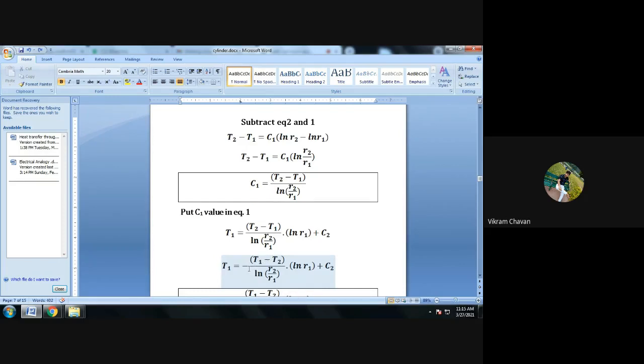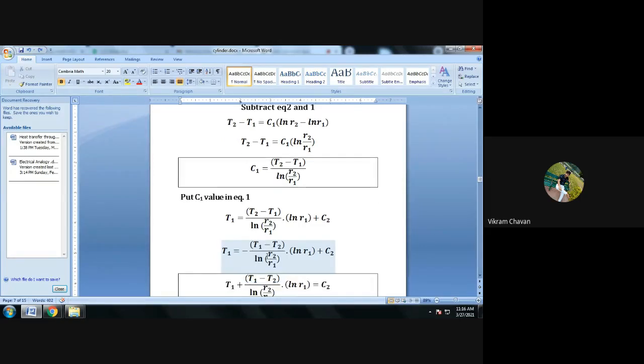If you take the negative sign common, then minus T1 becomes plus T1, and plus T2 becomes minus T2. So we get the equation as minus of bracket T1 minus T2 whole divided by ln of R2 divided by R1 multiplied by ln of R1, plus C2.